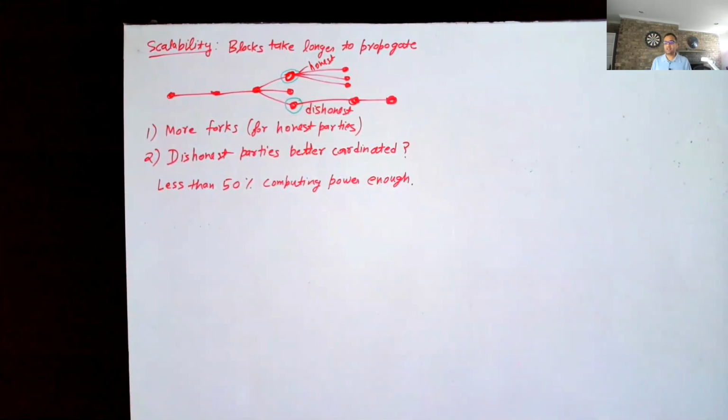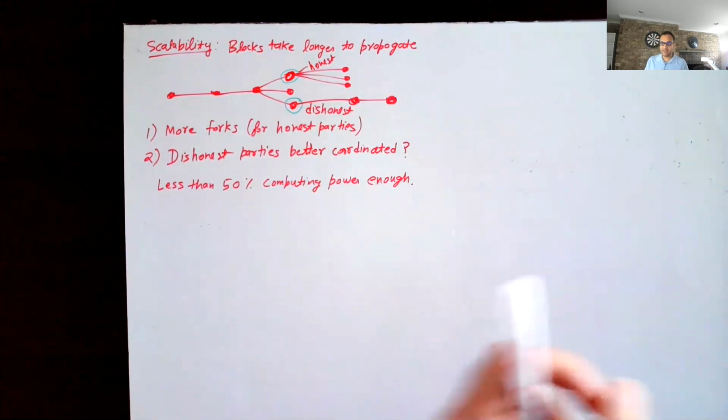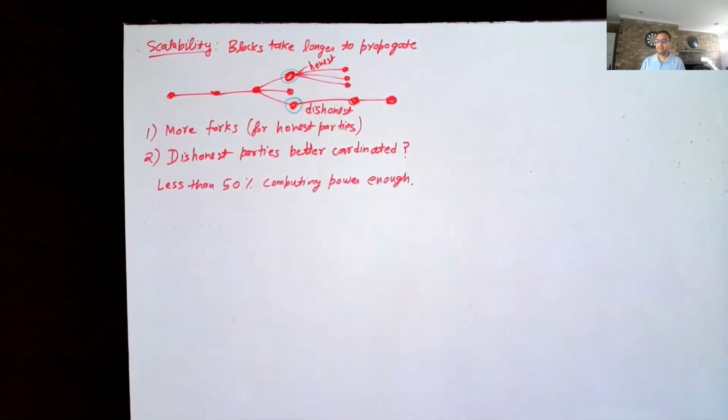And that's very dangerous because you are able to launch a 51% attack with less than 50% of the computing power. And in that case, you can go back, you can erase the history, you can rewrite the history. Basically, the security of Bitcoin is completely broken in that case, right?